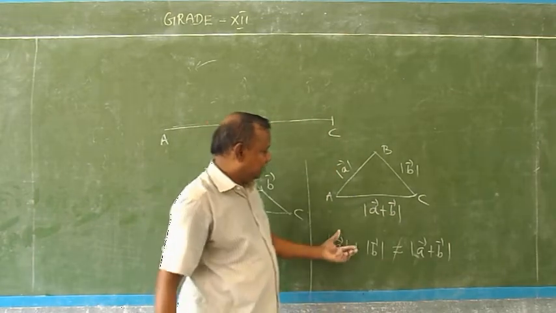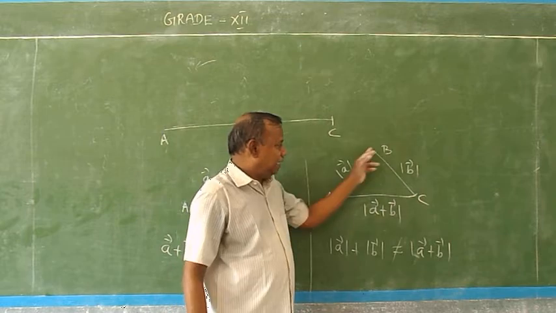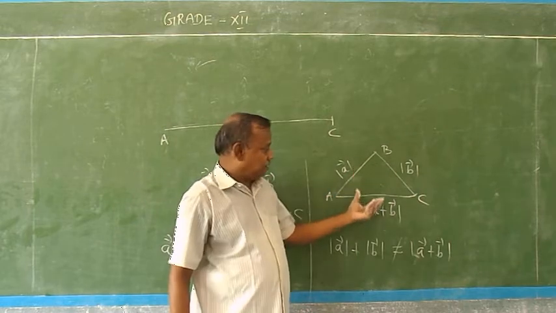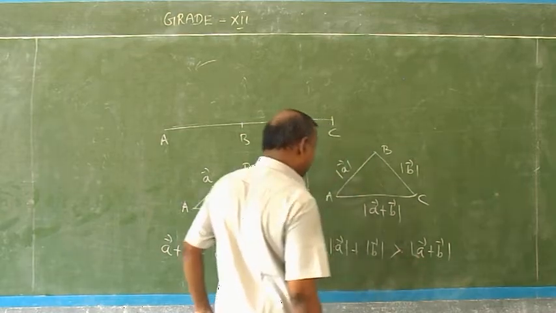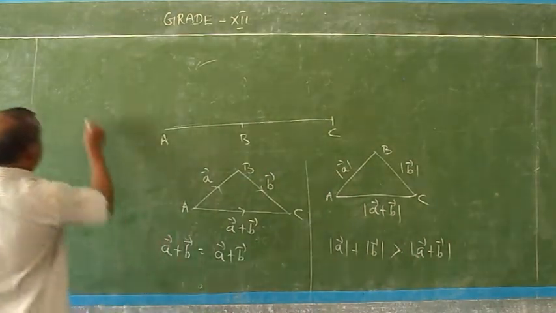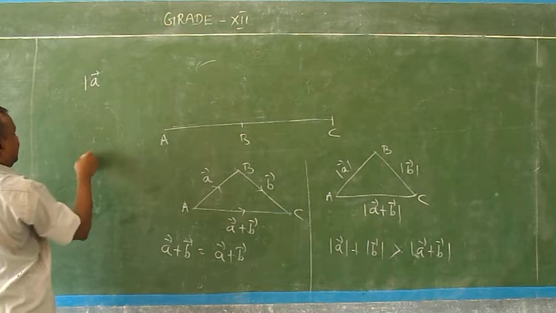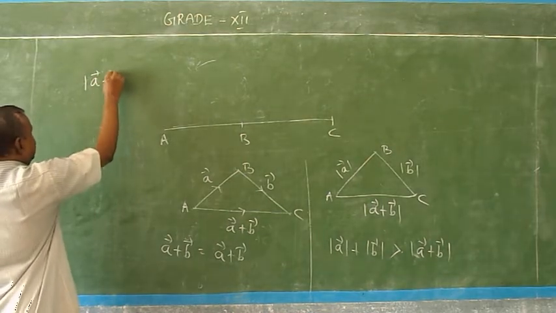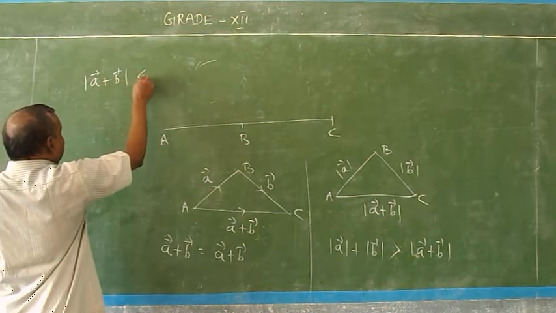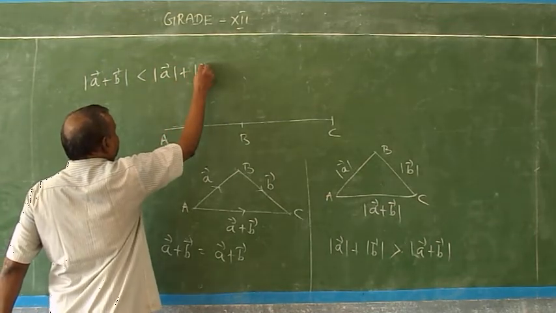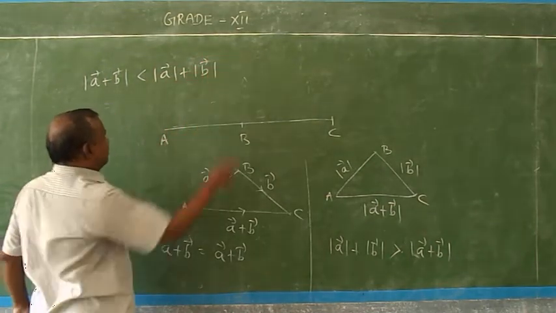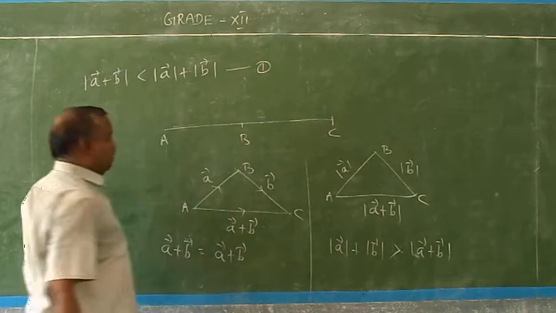Because the sum of any two sides of a triangle is always greater than the third side. Therefore, modulus of a vector plus b vector is less than modulus of a vector plus modulus of b vector. So it is the first inequality.